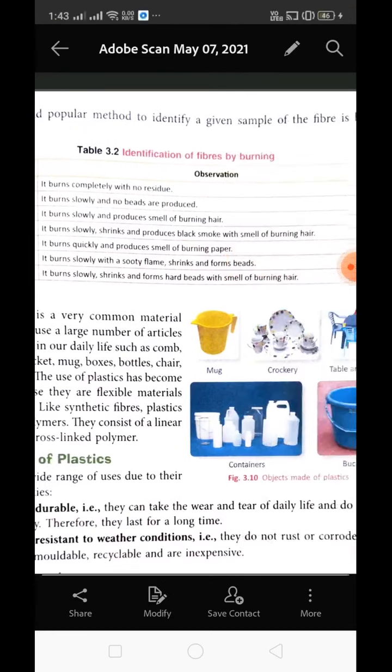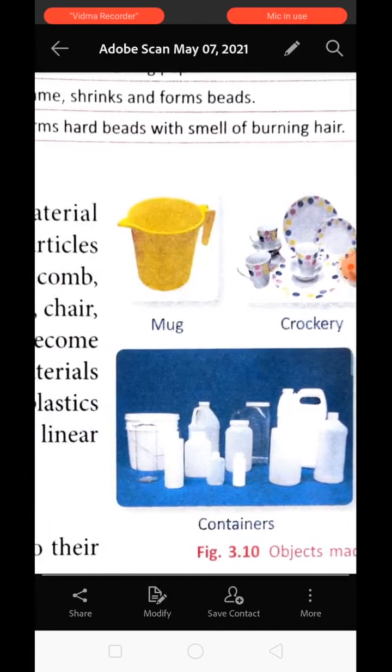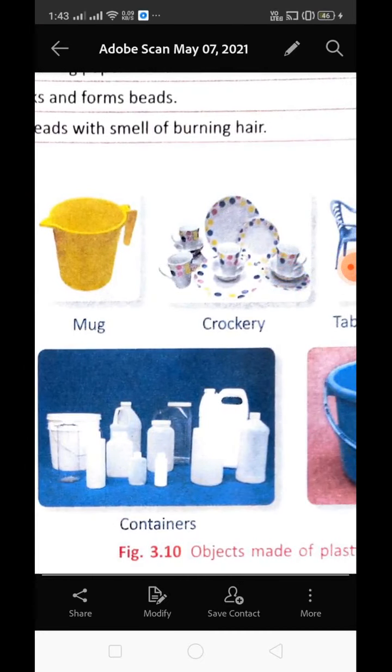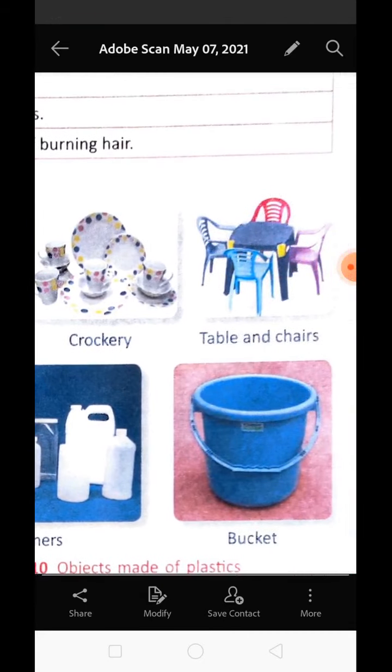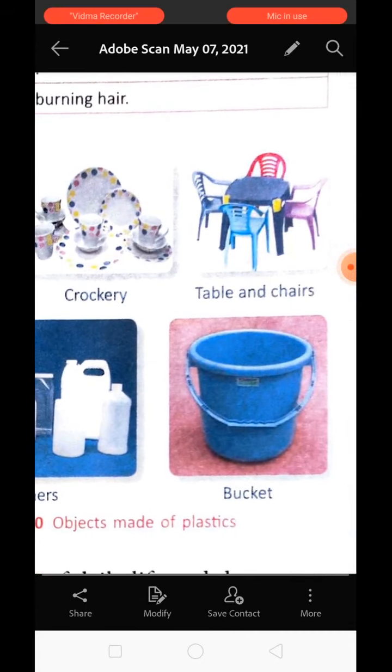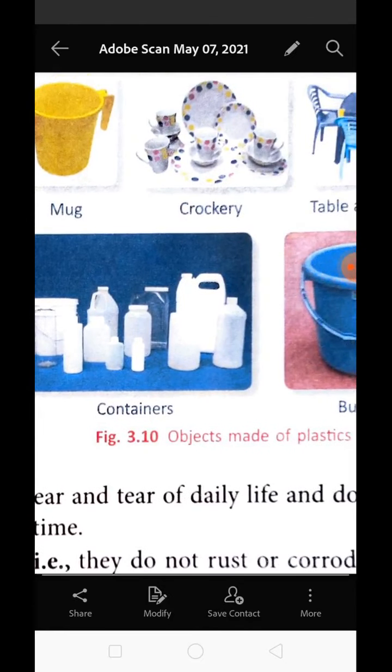Now what is plastic? You can see several things are made over here and they are all made up of plastic. Today plastic is a very common material around us. We can see a large number of articles or objects made up of plastic in our day-to-day life like comb, toothbrush, bucket, mug, crockery items, table and chair, containers.